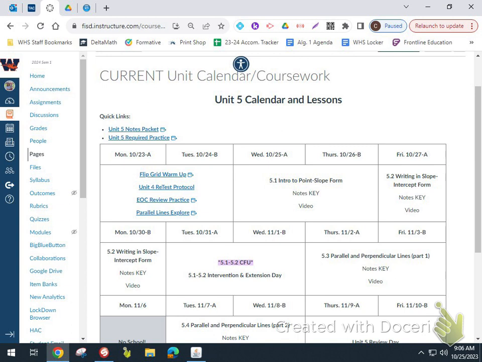Also, starting this unit, with the Google updates, Delta Math doesn't let us log in right now, so our practice is going to be another packet on paper. I'll pass it out when it's time, but you're going to have to keep up with your notes and that practice, and keep them together in your folder with you every day.